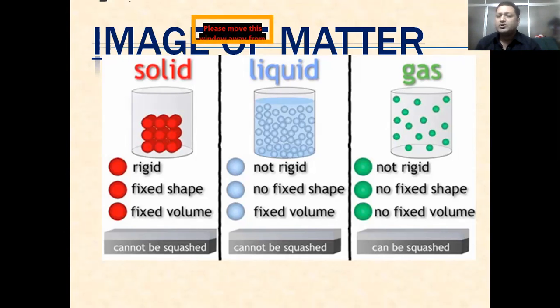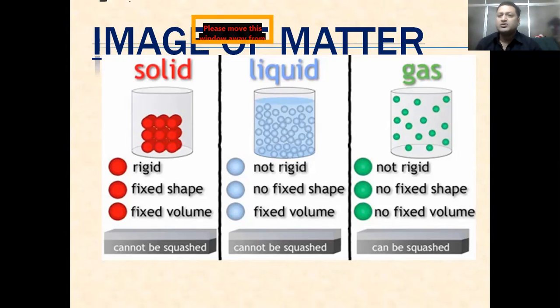Okay, so think about another state of matter, that is liquid. The molecules of a liquid are not so strongly tied to each other. That's why we can easily put anything inside water. If you put anything in water, whether it is a piece of brick or a piece of iron, it will go down. That means the intermolecular space is not so tight, isn't it? And it has no fixed shape. Why do we say no fixed shape?